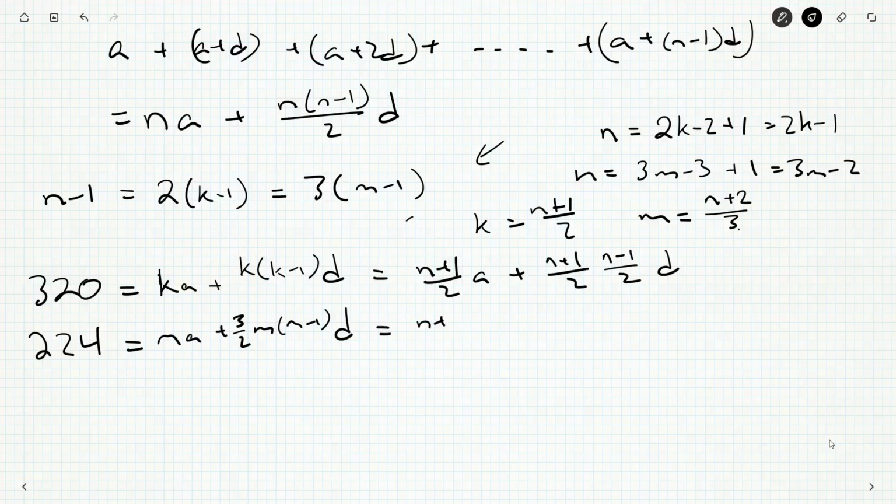But then that means it's n plus 2 over 3 a plus 3 halves n plus 2 over 3, n minus 1 over 3, d.